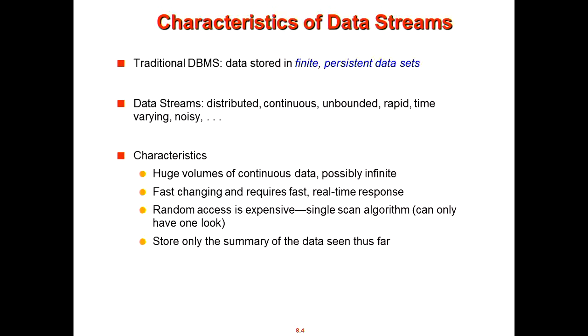But for data stream applications, the data is very different. Normally the data is distributed. You have many sources to receive the data streams. Think about Twitter: each user can be treated as one data source. So every tweet user is generating some streaming data. The data is continuous, your system keeps receiving such data, and it's unbounded.